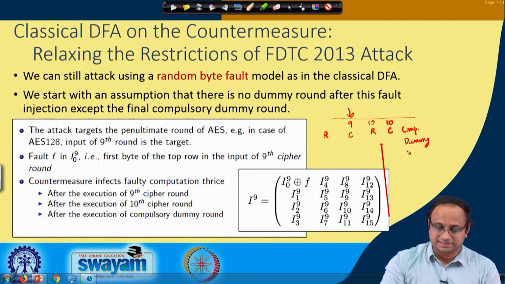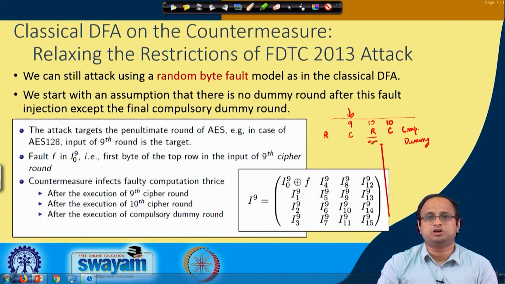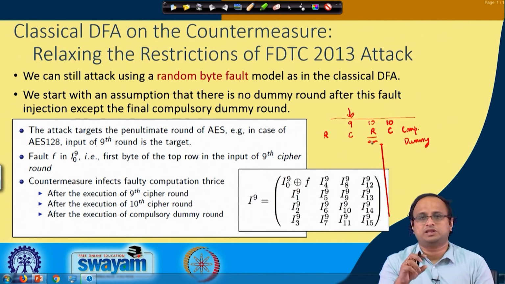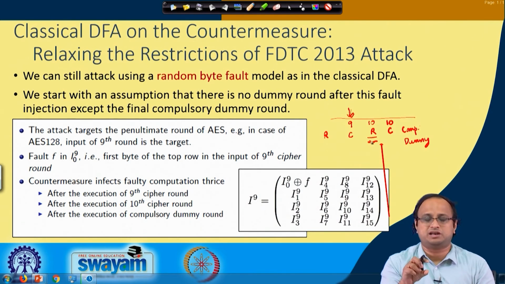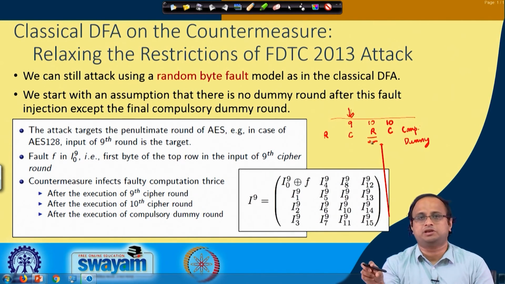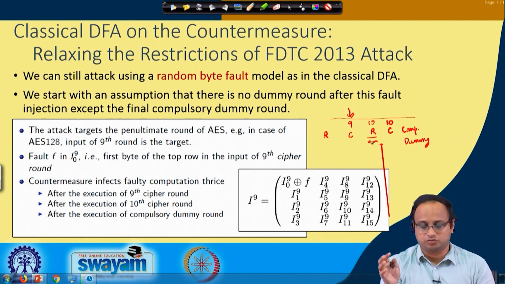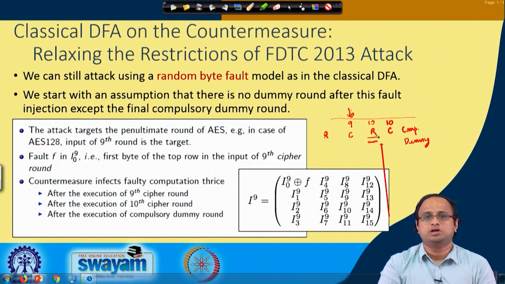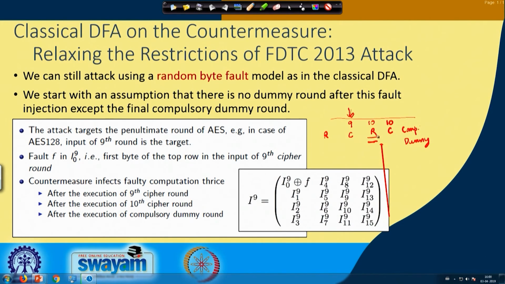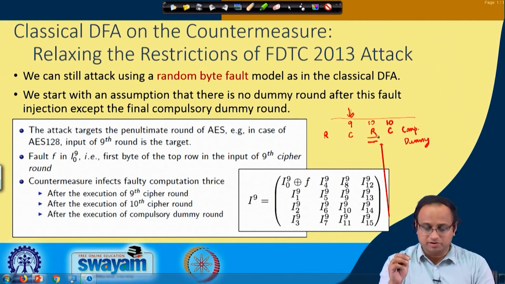Remember that you will not have an infection when you are doing the redundant computation, because in our particular example, we do the check of whether there is a difference between the redundant and the cipher round, and we contaminate only after the cipher round. We do not do that check after the redundant round, and therefore this error will not infect after the redundant round. So where will that infect? This will get infected only after the cipher round.